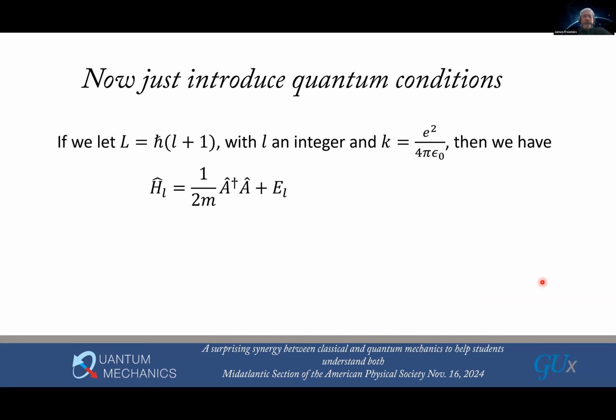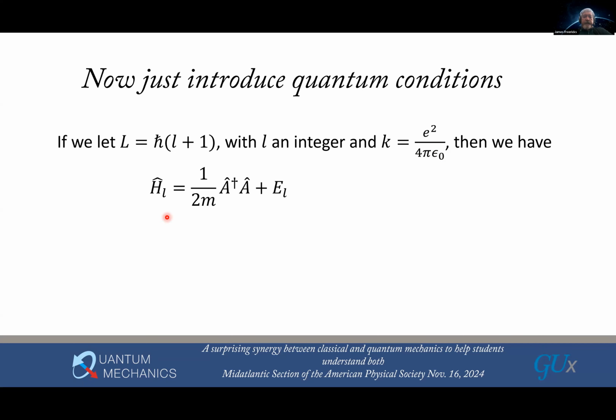Now, to make the correspondence with the quantum mechanical solutions, we have to let L equal h bar times l plus 1, with l an integer. And we have to use the hydrogen value for the coefficient, which is k equal to e squared over 4 pi epsilon naught.